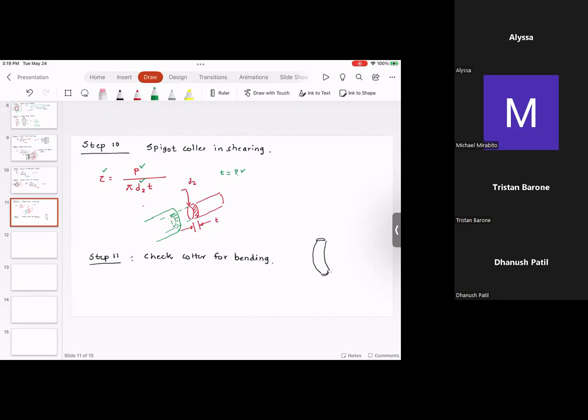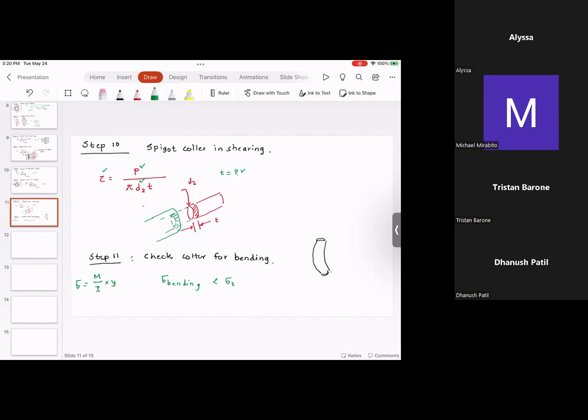So what we do is we use the equation M divided by I multiplied by Y to find out the sigma bending. And sigma bending should be less than sigma tensile, because sigma tensile is less than sigma compressive. So this actually works.